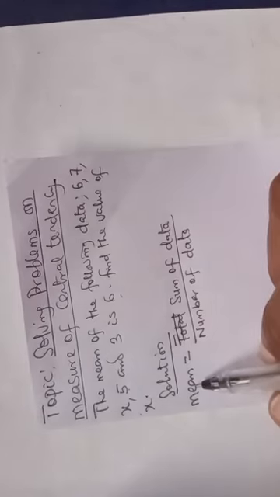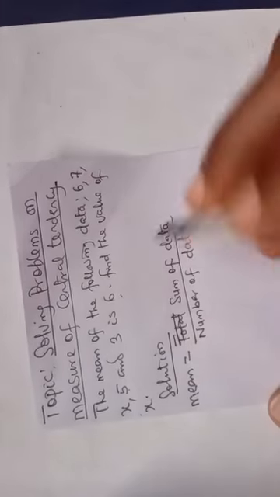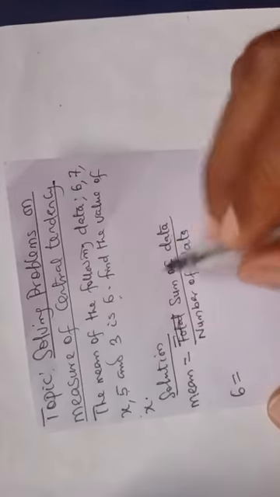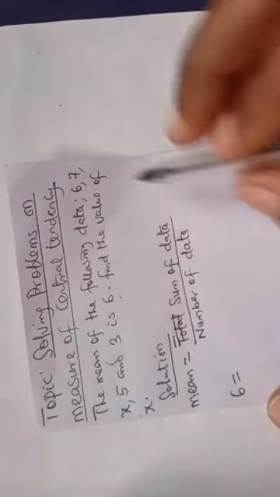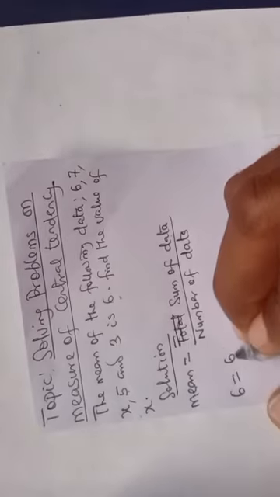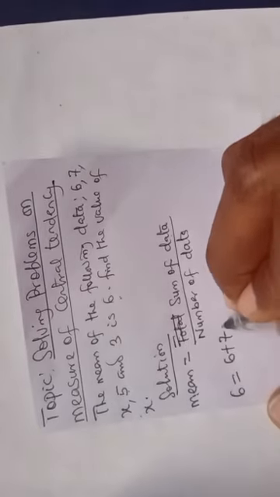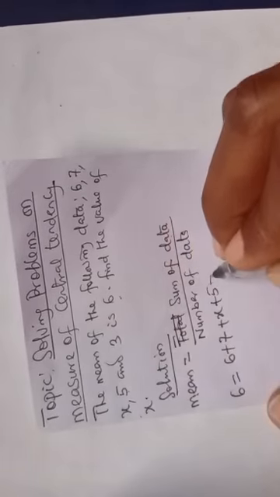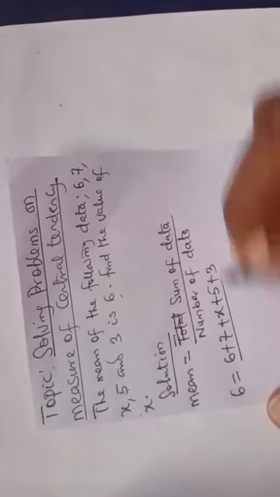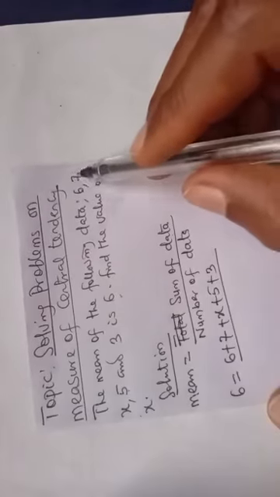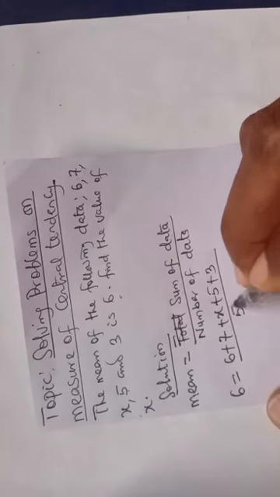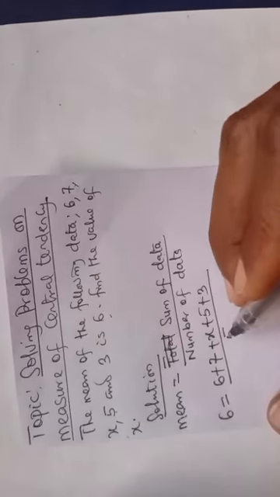Okay, mean, we thought it is 6. Sum of data, which is the sum of data given to us. So I'm going to write 6 plus 7 plus x plus 5 plus 3 all over 1, 2, 3, 4, 5. We have 5 of them.